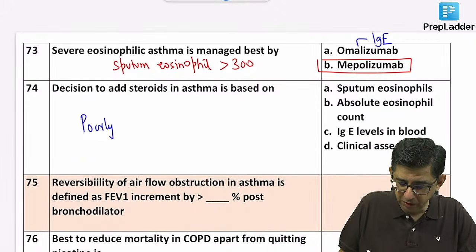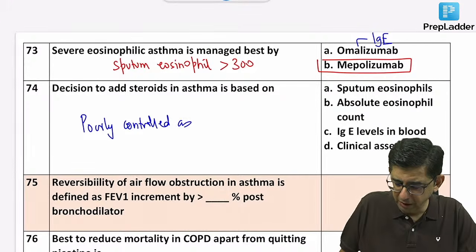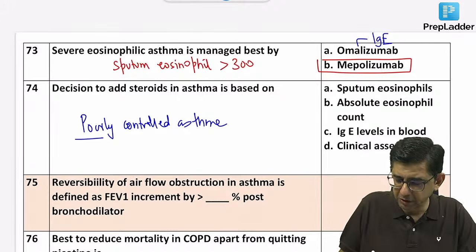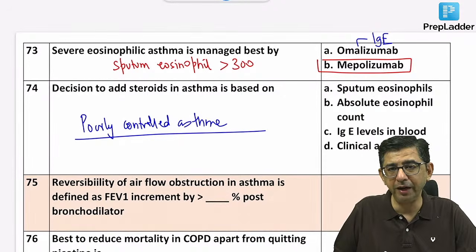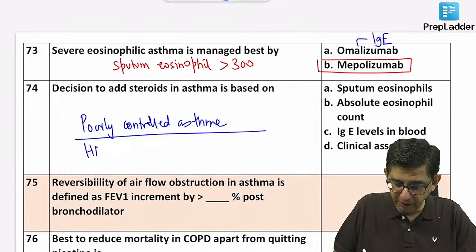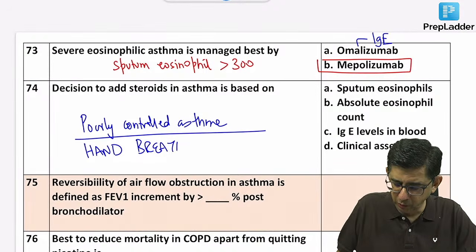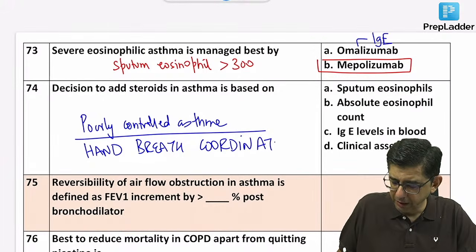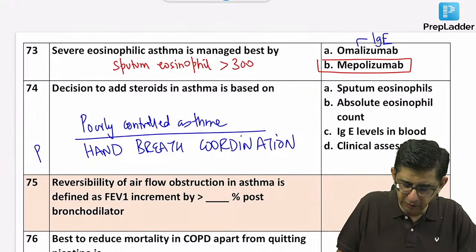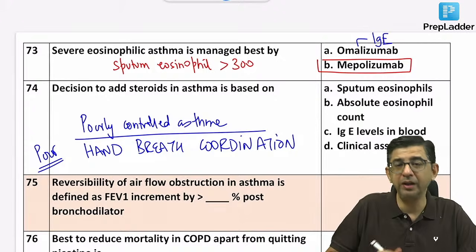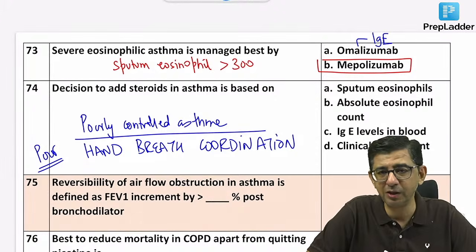If he asks what is the leading reason for poorly controlled asthma, then the problem is not with your prescription. You have written the right amount of drugs. The problem with asthma control is mainly poor hand breath coordination of the patient, and if a person is not able to take the puffer properly, then the asthma will not get controlled.